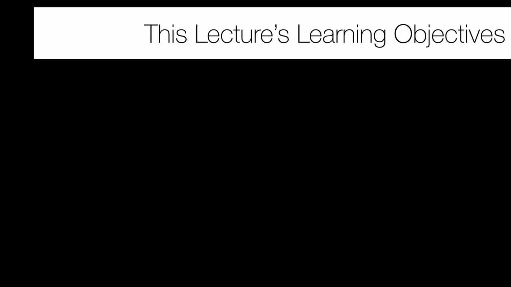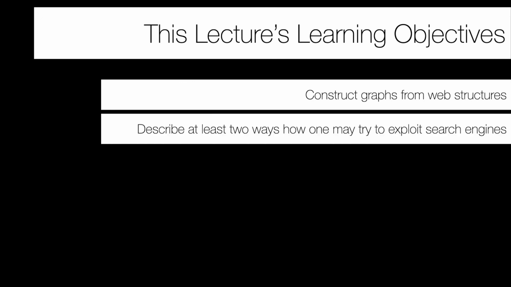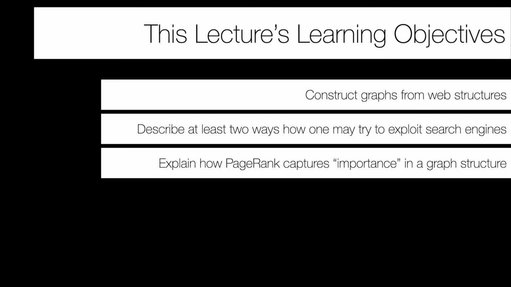But that rounds us off for the lecture today on thinking about the web in terms of graph structures and what we can learn. We can now talk about being able to extract graph structures from the web, looking at links as edges between pages. We have talked about ways that people have tried to exploit search engines for financial gain, which has incentivized us to rely on this graph structure and the PageRank algorithm to evaluate importance and trustworthiness of pages in the web.